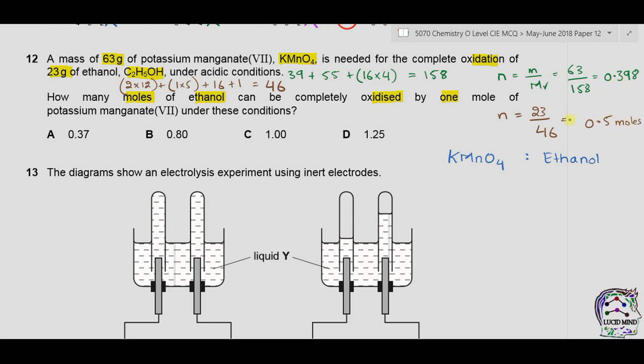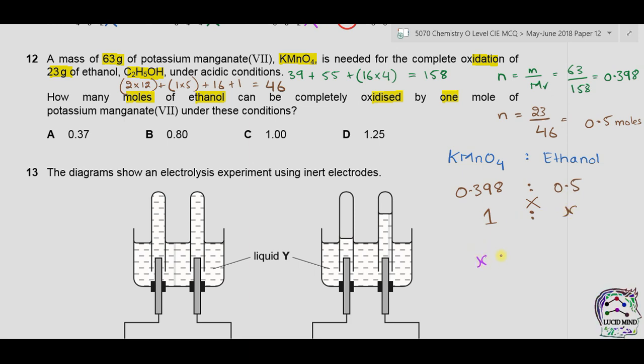Now we can say that 0.398 moles of KMnO4 react exactly with 0.5 moles of ethanol. Now in the question we have to find out how many moles of ethanol can be completely oxidized by 1 mole of KMnO4. So for 1 mole it will be equal to X. By cross multiplying we can find the number of moles of ethanol.